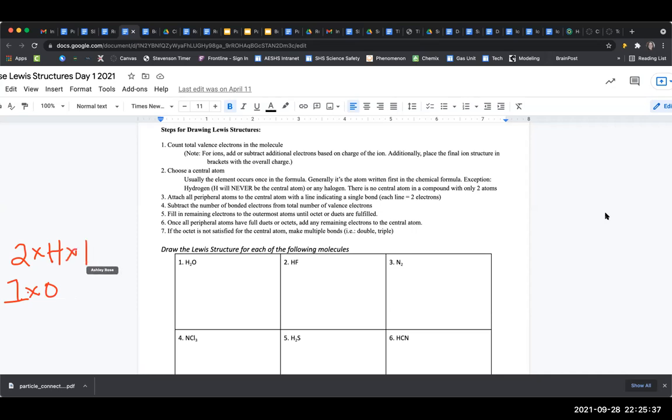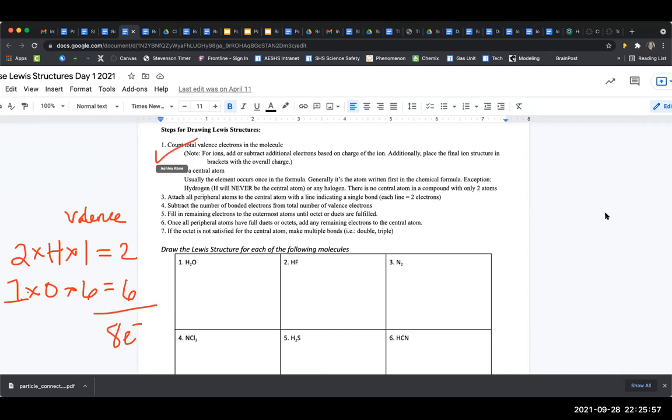There's 1 valence electron for each hydrogen, and for oxygen there are 6 because oxygen is in the 6th group in the periodic table. So that means we have 2 coming from those hydrogens and 6 coming from the oxygen, a total of 8.